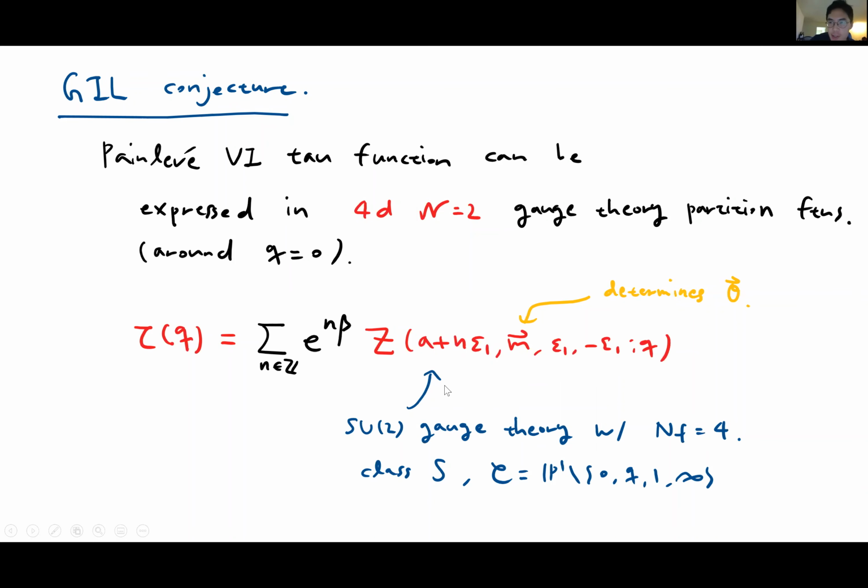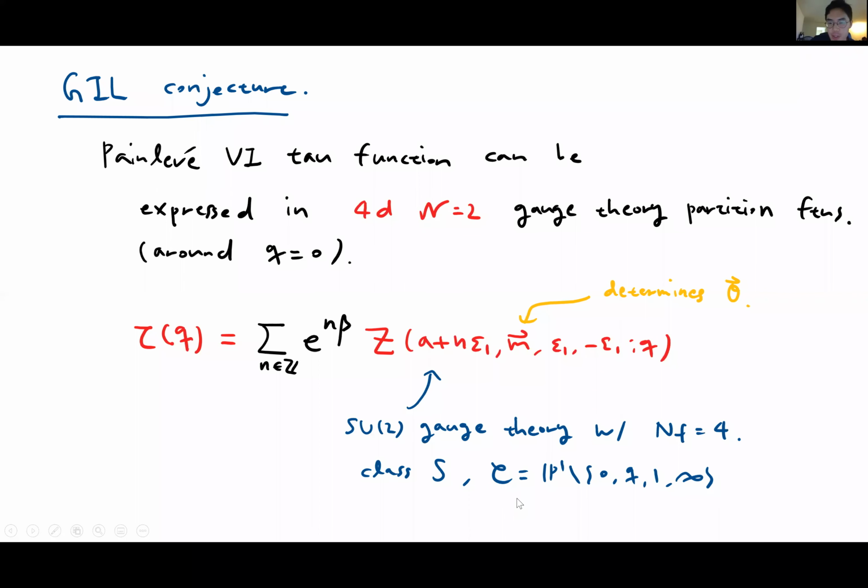So this is not just an arbitrary gauge theory, but it is an SU(2) gauge theory with four fundamental hypermultiplets. And what you have to note is that this is actually the class S theory defined by the Riemann surface C, which is the four-puncture sphere.